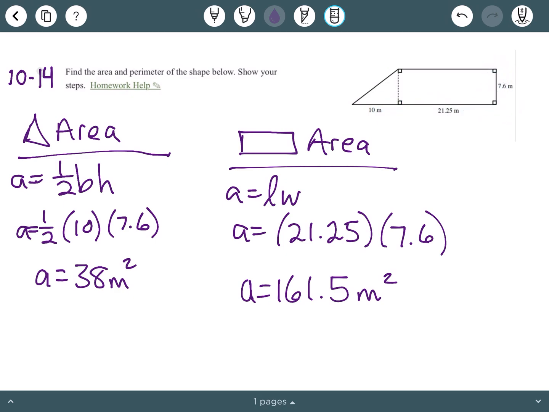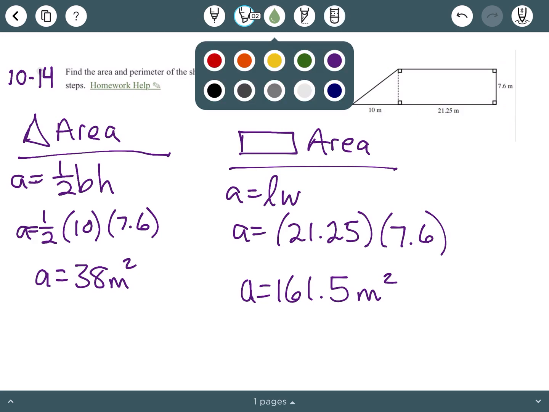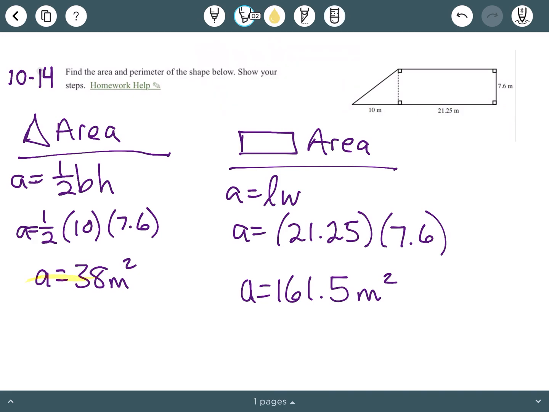So we're done, right? Yay. No, not quite yet. We have one final step here. We need to take the area for the triangle and the area for the rectangle, and add them together.